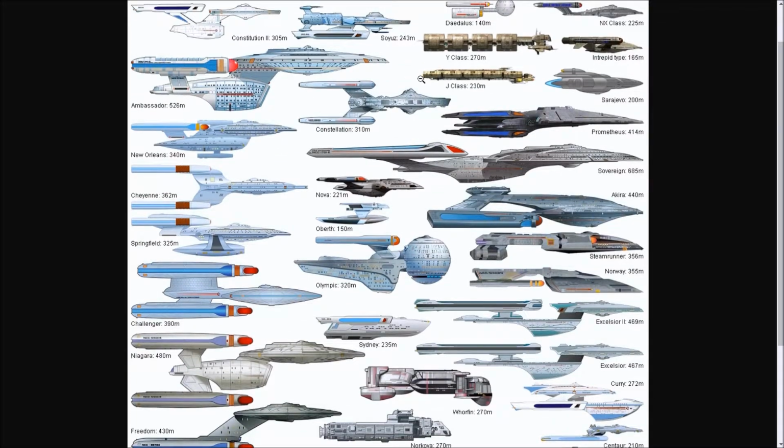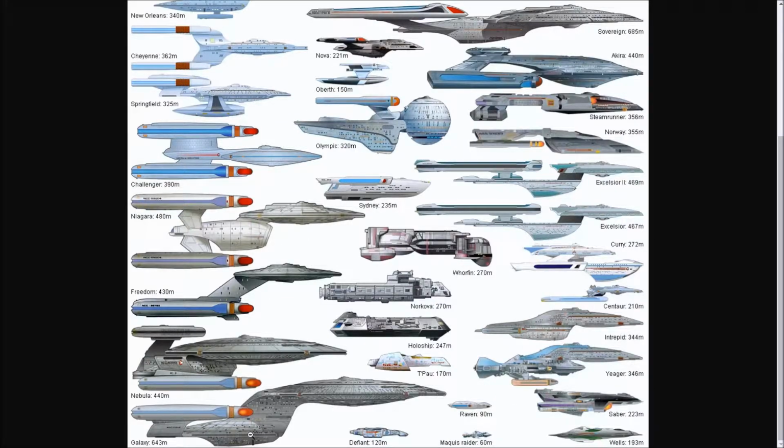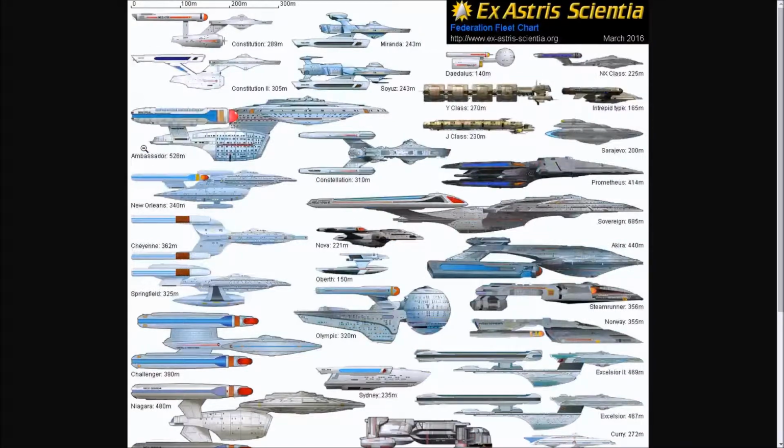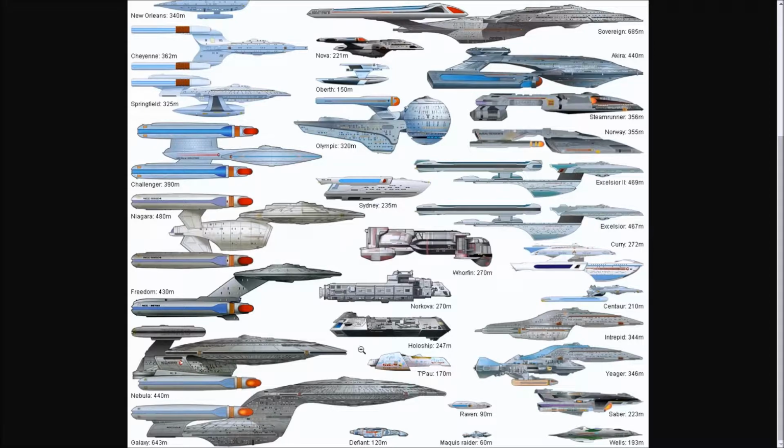So from the Ambassador, we've got the Galaxy class, and the Galaxy class, 643 meters, so it's more than twice the length of the Constitution refit. Now, of course, it's important to note that length doesn't mean everything, as we are about to discover later on in this video. But that's the general lineage.